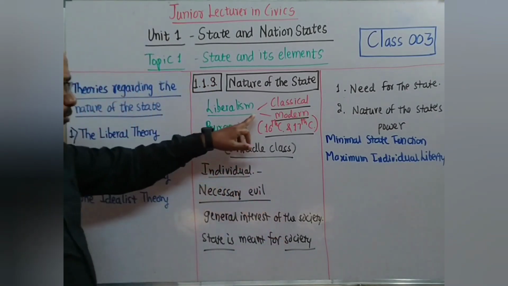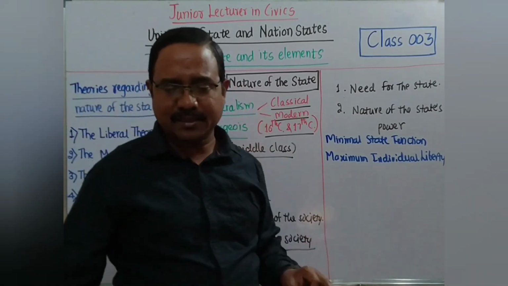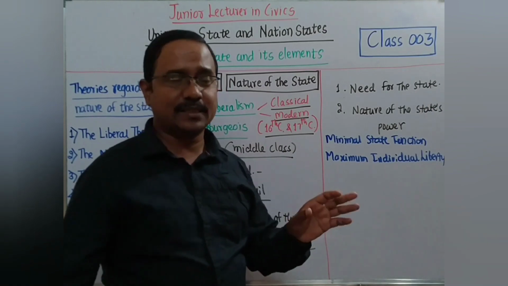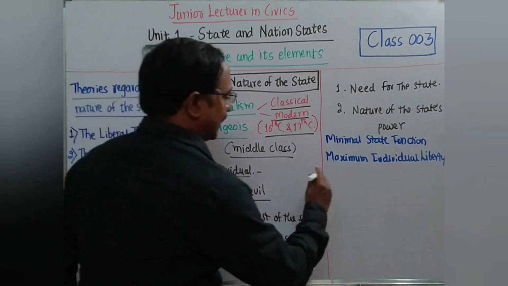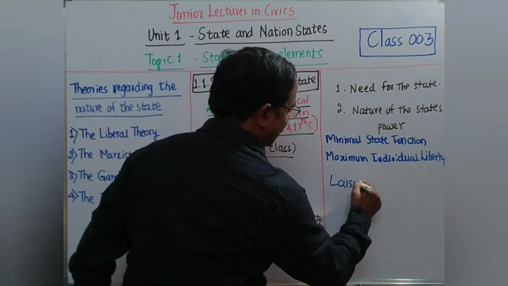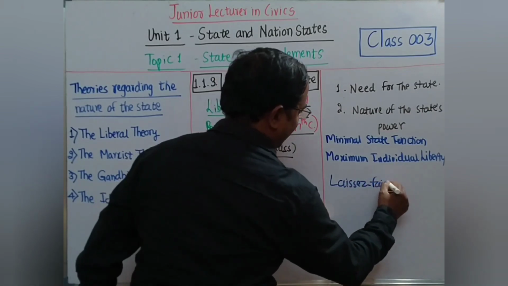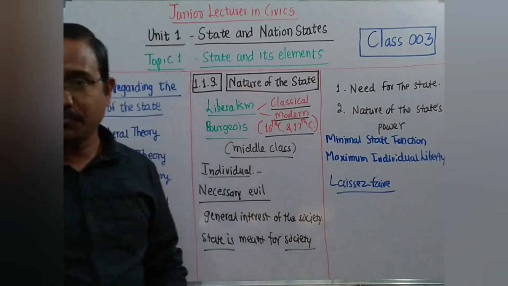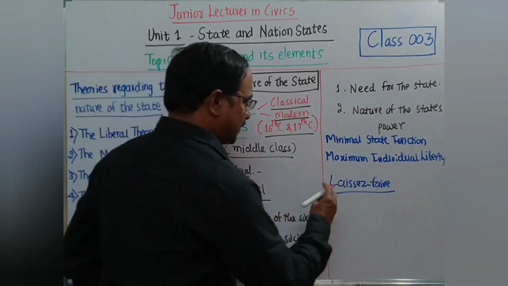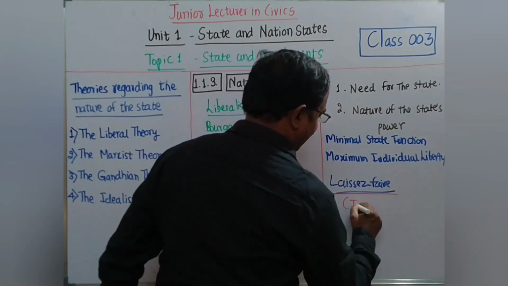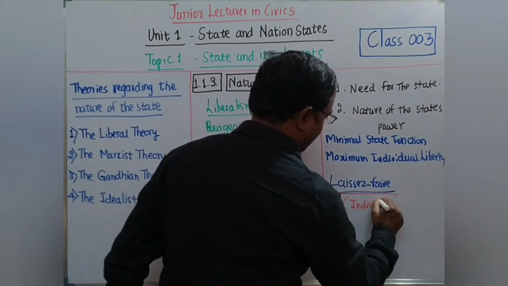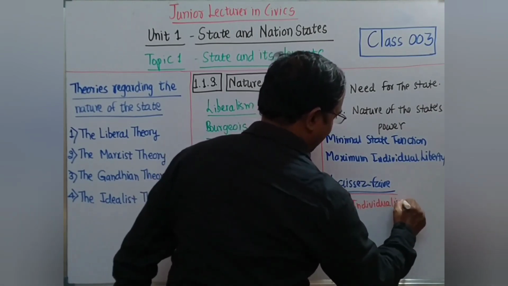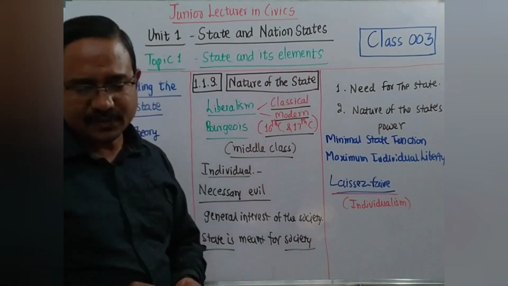In modern liberalism, it is known as laissez-faire. You have to remember this word also. Laissez-faire means it is the theory of individualism. Laissez-faire means free society, the theory of individualism. Individualism is called laissez-faire.